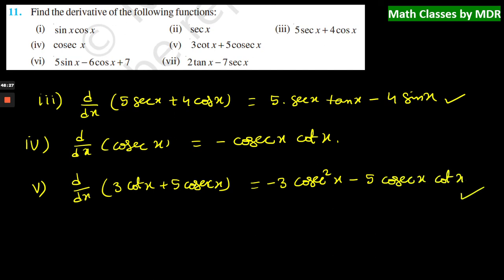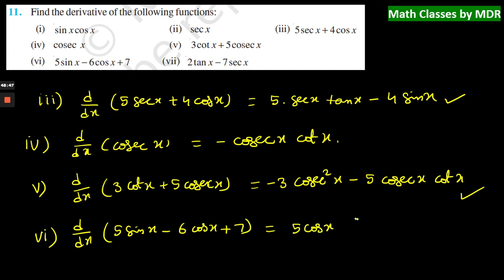Now, the sixth one. What is the sixth one? d by dx of 5 sin x minus 6 cos x plus 7. 5 sin x becomes 5 cos x; minus 6 cos x becomes minus 6 into minus sin x, so minus into minus gives plus 6 sin x, and 7 is 0.